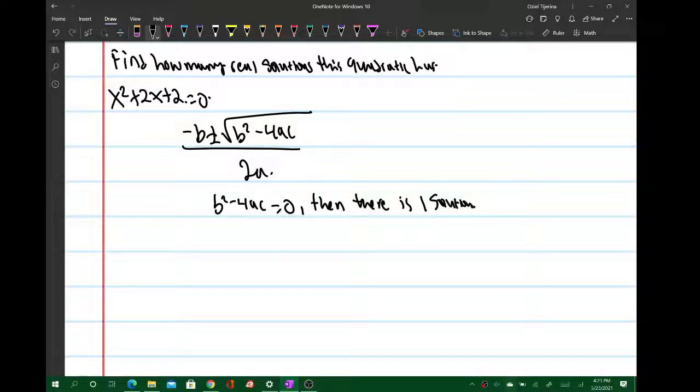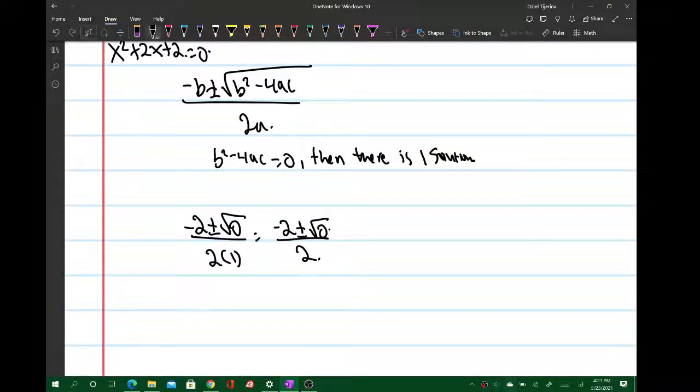That's like if I had negative 2 plus or minus the square root of 0, over 2 times 1. Then this is negative 2 over 2.